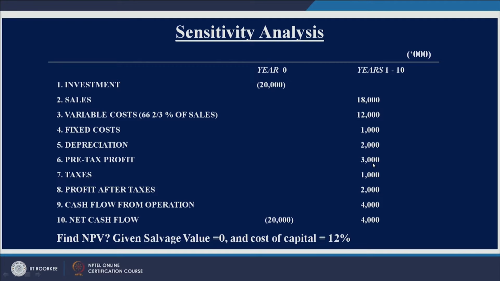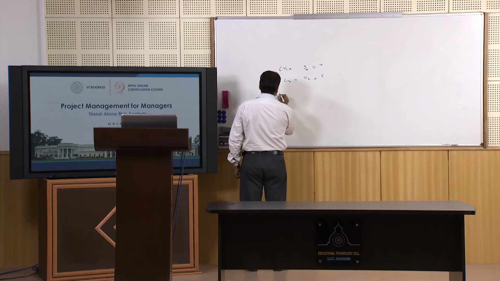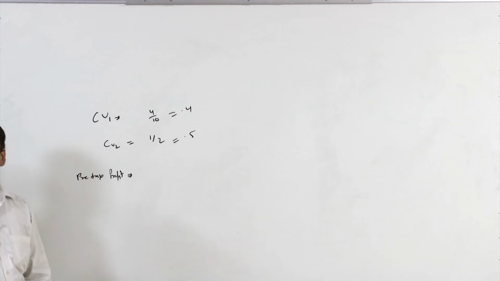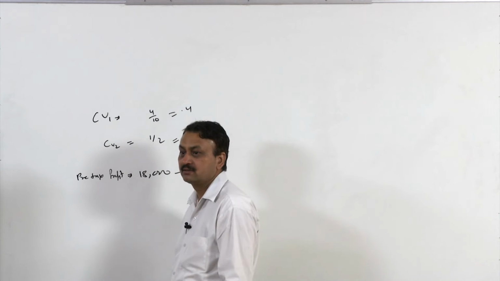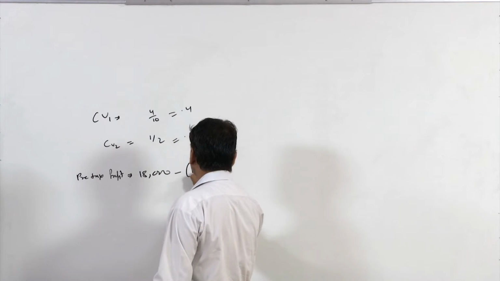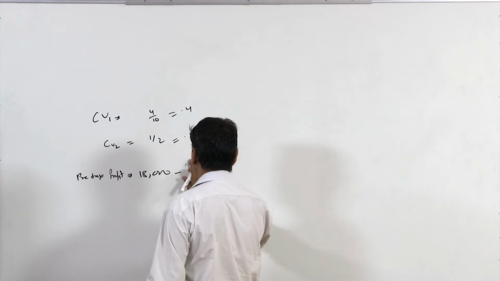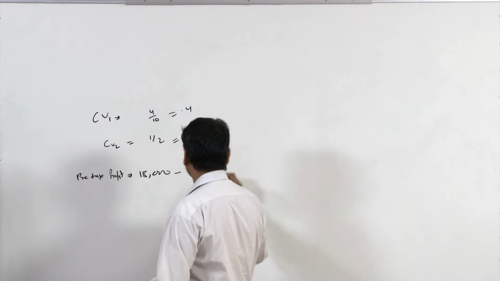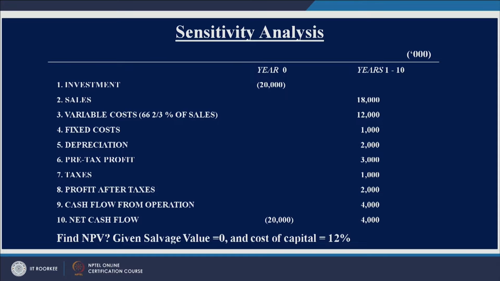Now, how to calculate this pre-tax profit? Pre-tax profit is whatever is your sales, which is 18,000, minus variable cost, minus fixed cost, minus depreciation, which is 2,000.